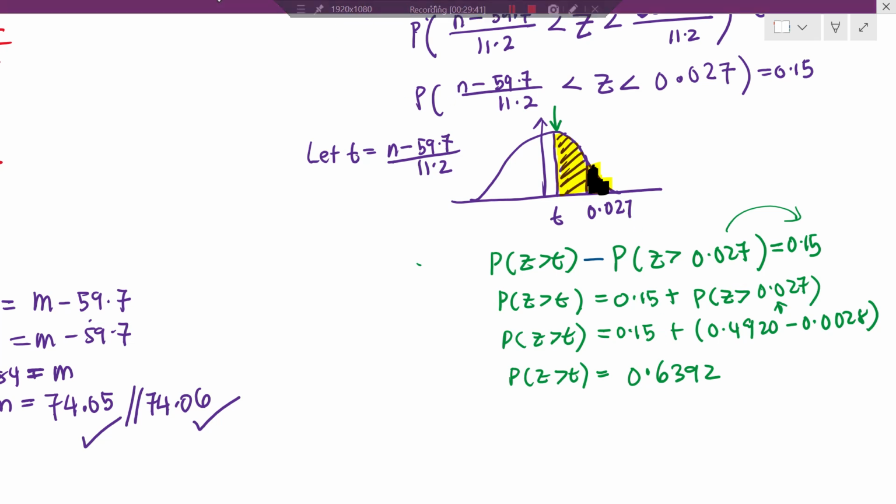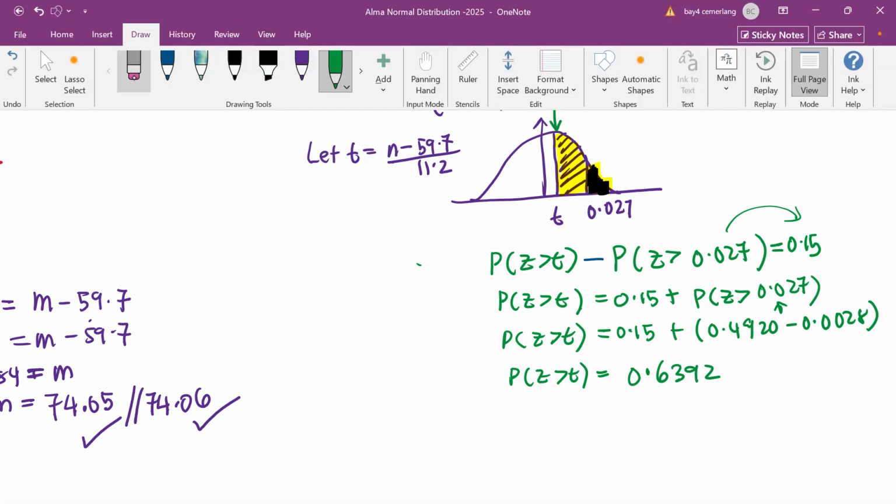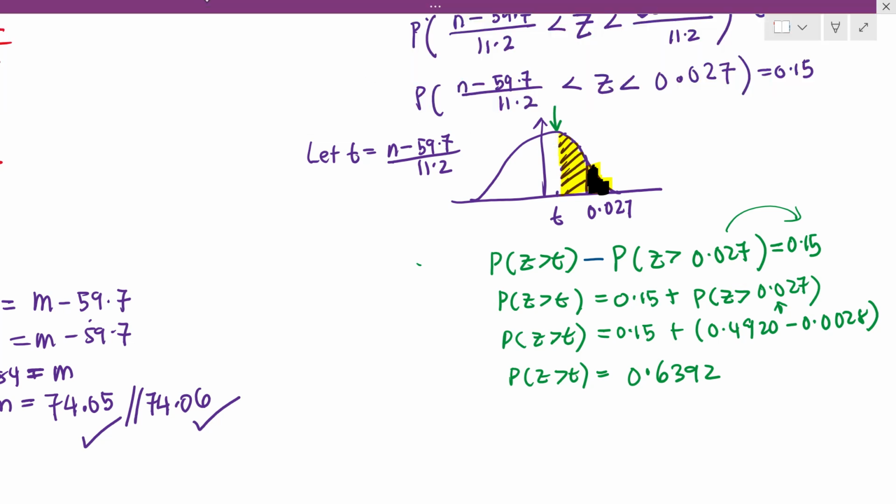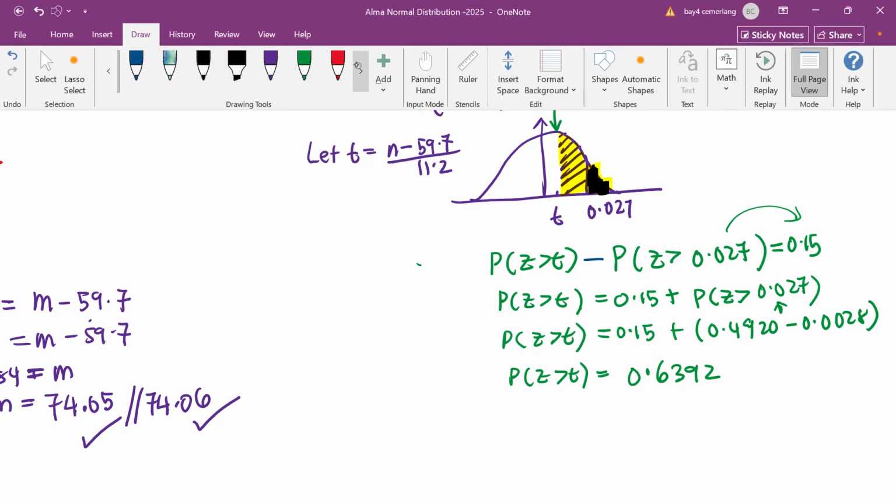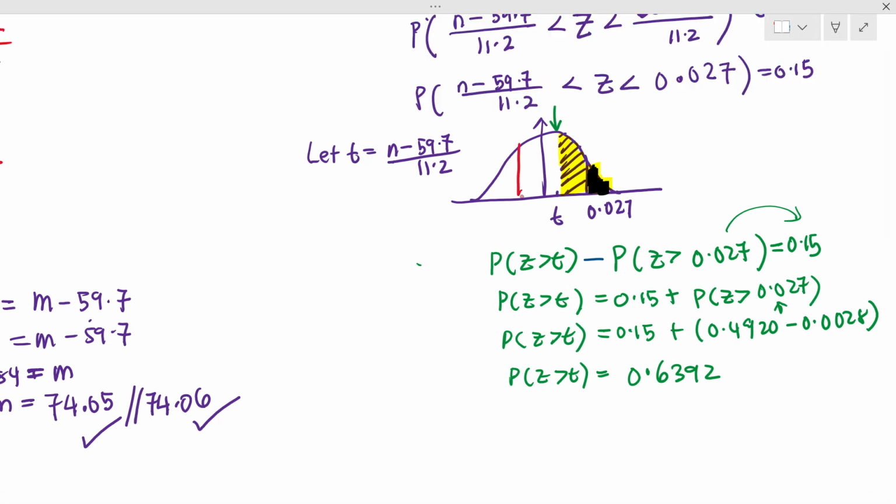So what we can do is, no need to erase a lot of things. Like last week I told you, there is one problem only, you need to be very careful. So what we do, we erase this part, and then label here your negative t, no longer positive t.